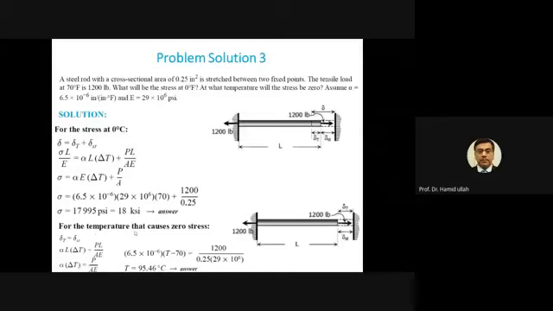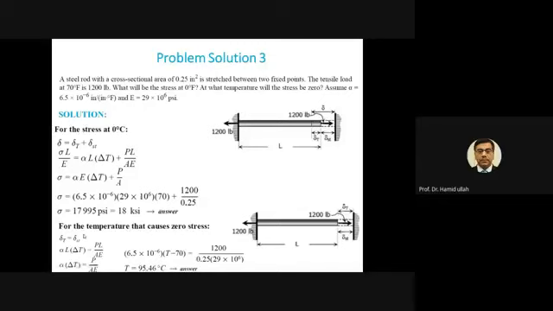For the temperature that causes zero stress, what is that temperature? When stress is zero, this is the case we are quite often discussing: the quantity on the left side is thermal elongation, and on the right side is the elongation because of resistive force or load.